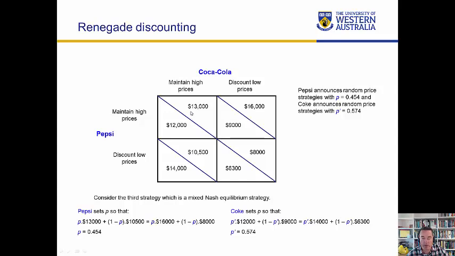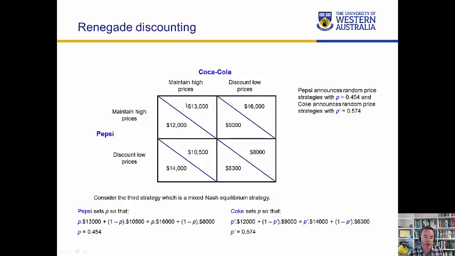Okay, so one option would be, if Coke cuts its price and stays there for too long, you could actually punish them by cutting as well and taking them down to the bottom right hand quadrant for as long as it takes for the extra profit they made in the top right hand quadrant to be wiped out, and then agree with them to charge high prices again. Okay, so that would be a threat.